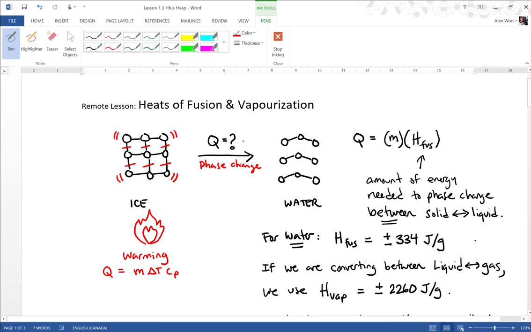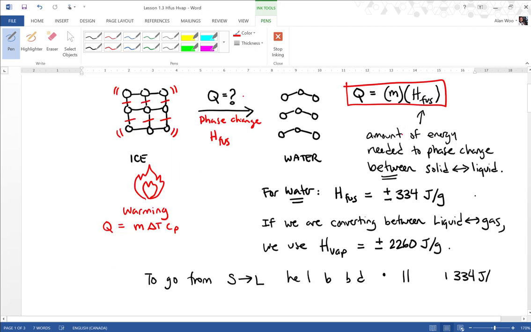In order to figure that out, we need heat of fusion. In particular, we need this formula right here to figure out how much heat is needed to break the bonds so that it can turn into water.